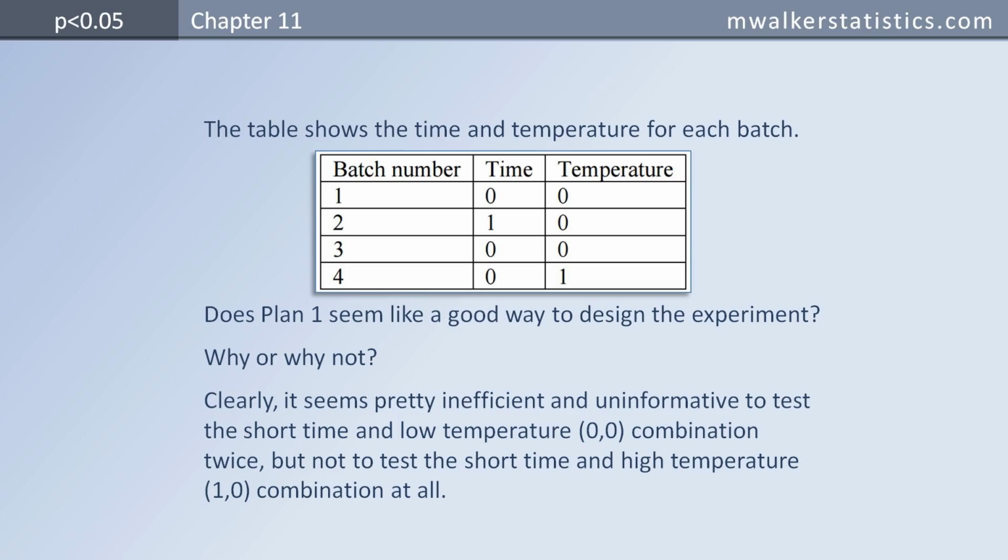Does Plan 1 seem like a good way to design the experiment? Why or why not? Clearly, it seems pretty inefficient and uninformative to test the short time and low temperature, 0 and 0 combination twice, but not to test the short time and high temperature 1 and 0 combination at all.